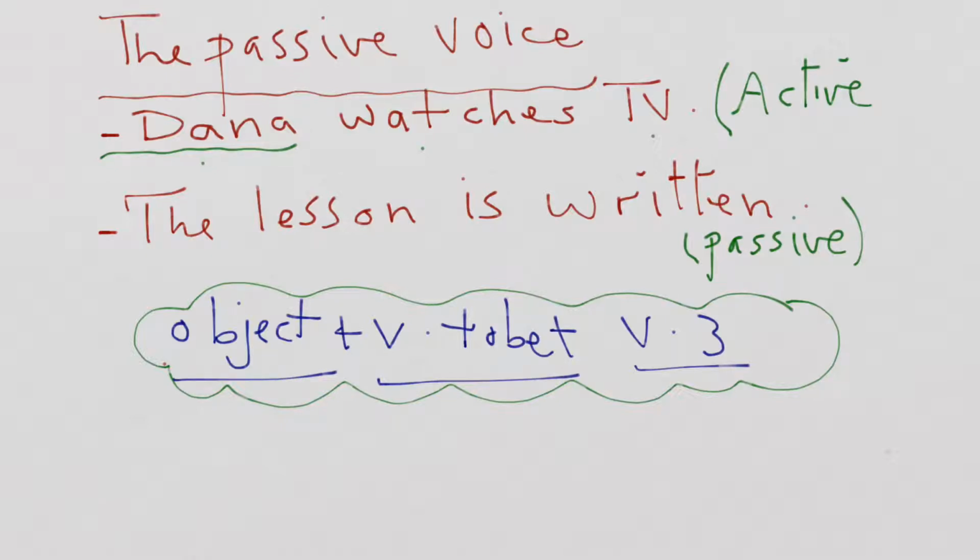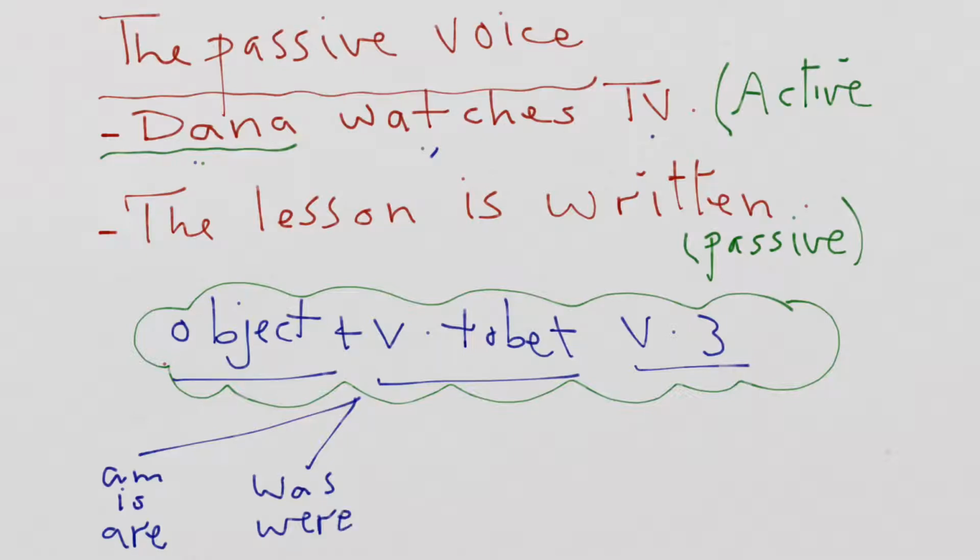An active sentence, as we said, begins with a subject, a verb, and object. Okay? So, we usually use verb to be according to the tense of the sentence. If the sentence is present, you have to use am, is, or are. If the sentence is past, you have to use was or were.